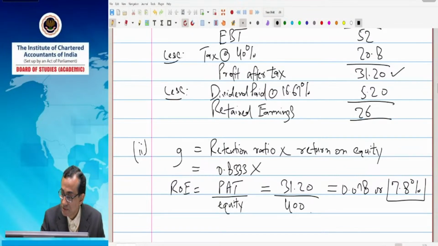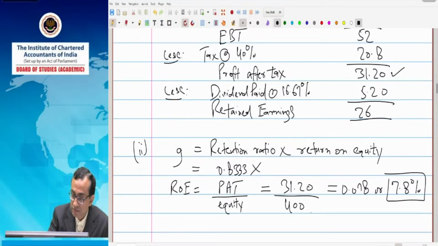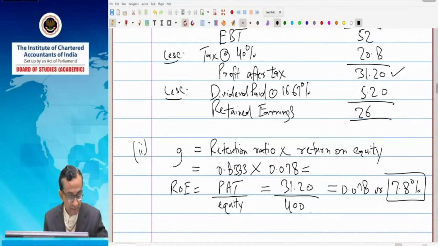That is the return on equity. So now calculate the growth rate: 0.8333 into return on equity, 0.078. Multiply this figure.